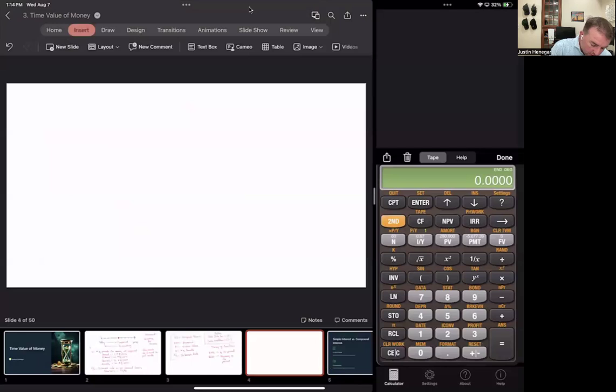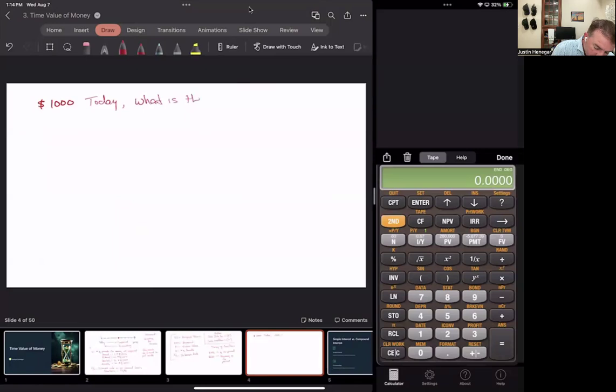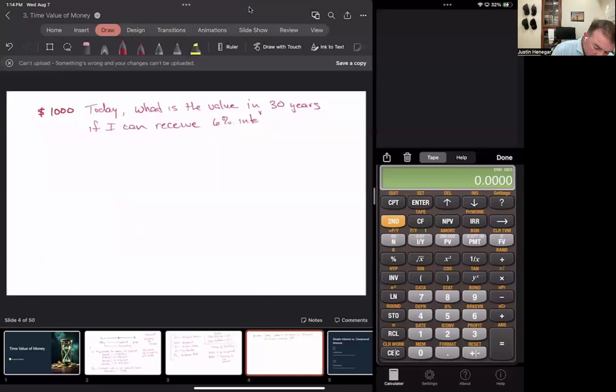So the first basic one is, let's suppose we have $1,000 today, and we want to know what is the value in 30 years if I can receive 6% interest annually.